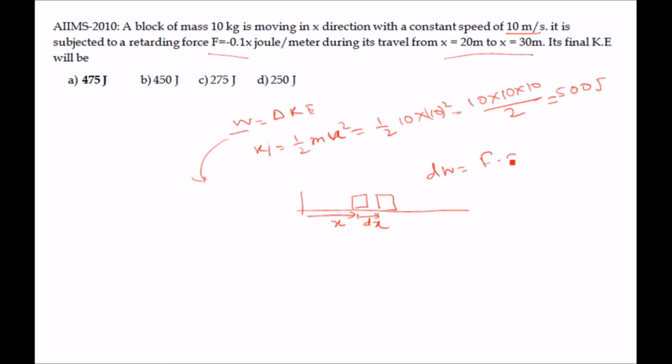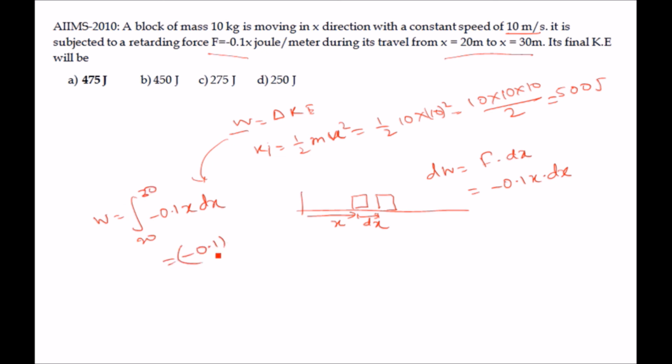It's equal to F dot dx, and its value is equal to minus 0.1 x into dx, and the work done will be equal to the integration of this, so minus 0.1 x dx, and the limit will be that x travels from x is equal to 20 meter to 30 meter. So 20 to 30, the limit of x is 20 to 30.